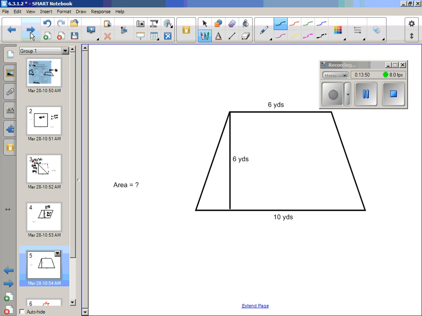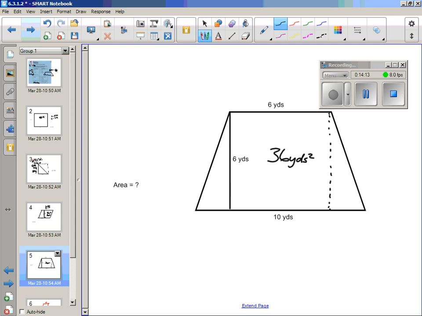I see a square that measures 6 by 6. Everybody see that? 6 by 6 is, so this square is 36 yards squared.